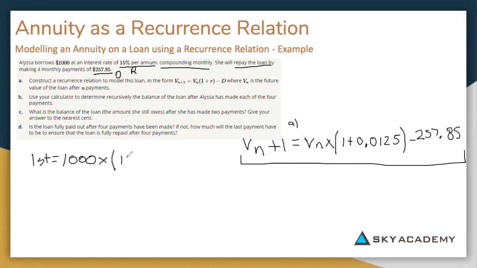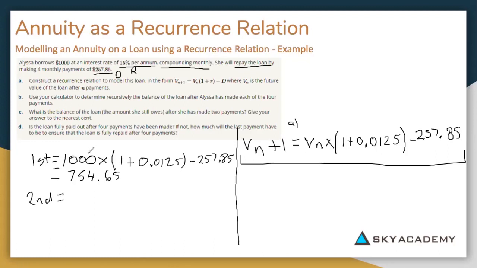Times 1 plus 0.0125 minus 257.85. And if you put it into your calculator, it will equal 754.65.